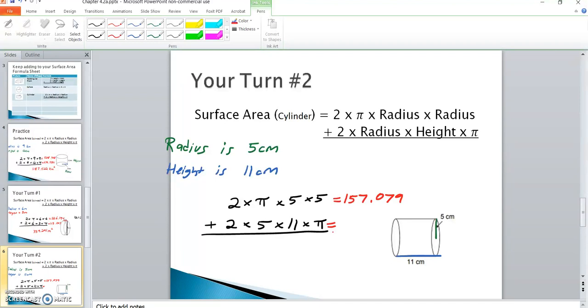And the second line, when you multiply them, you should get 345.575. My next step is just to add up the two. And then put in my units, so centimeters squared.